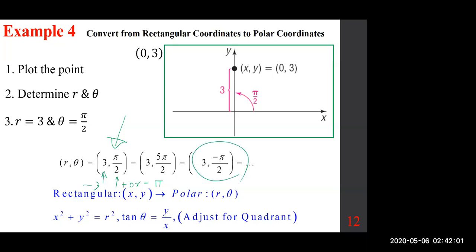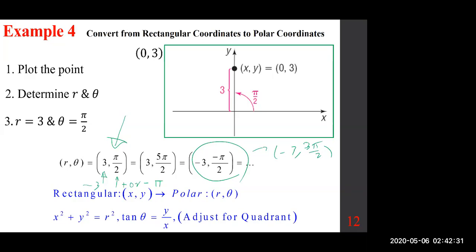If you said, I'm going to add pi, that is okay too. In other words, instead of this one, you can write -3 and 3 pi over 2. That has the same meaning. As you know, 3 pi over 2 is the same as -pi over 2. So this is not unique. We are interested in the first one mostly, but you don't have to. You can have the other two as well.